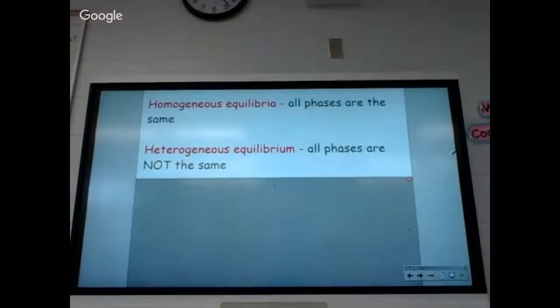I said phases up there. But what's another word for phases? States. So in the equation we just wrote, all of them had the same state, so they were all gases, right? So that would be a homogeneous equilibrium. But in one where you had to cancel out solids, for example, that would be a what kind of equilibrium? Heterogeneous.